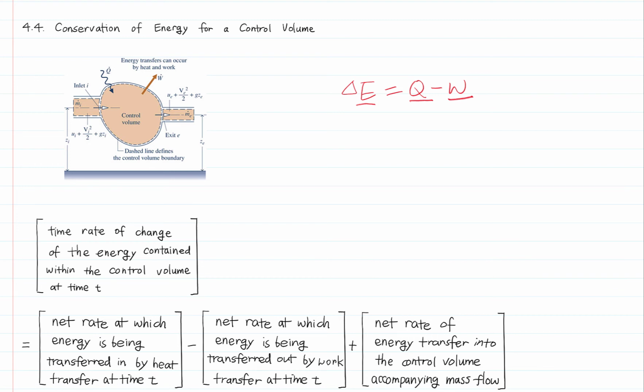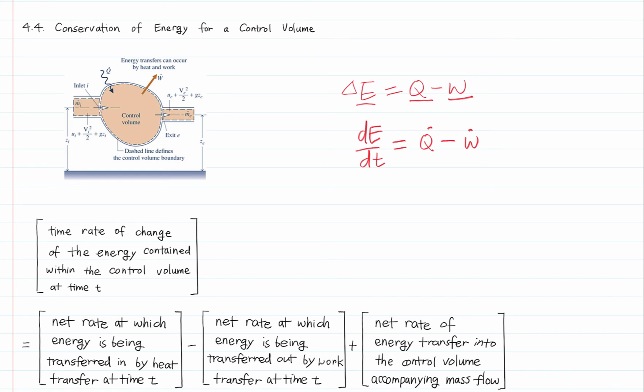The energy equation may be written in rate form. So dE over dt equals Q dot minus W dot. This is the energy balance equation for a closed system.